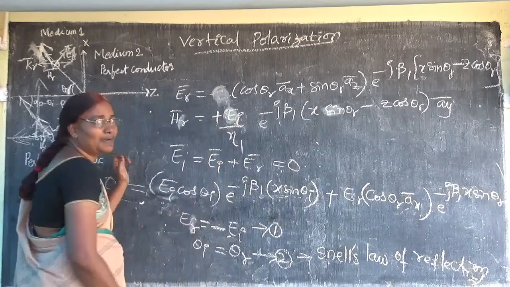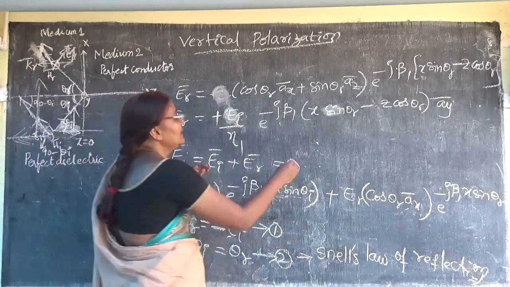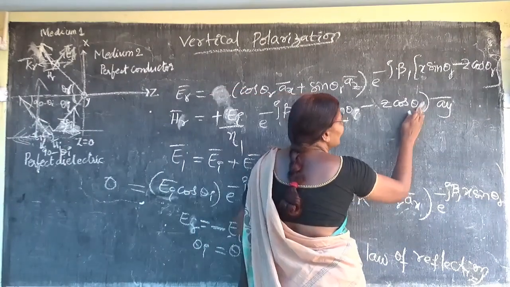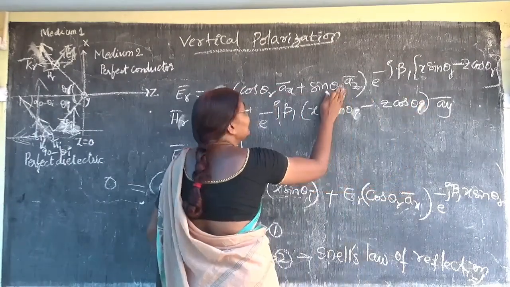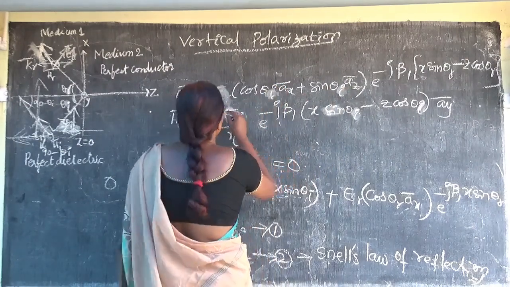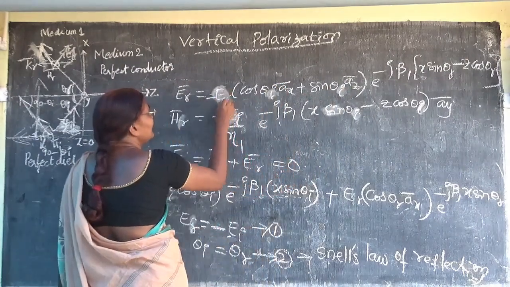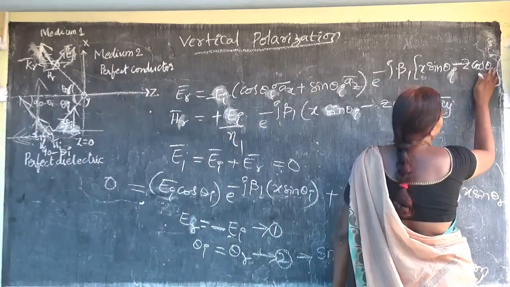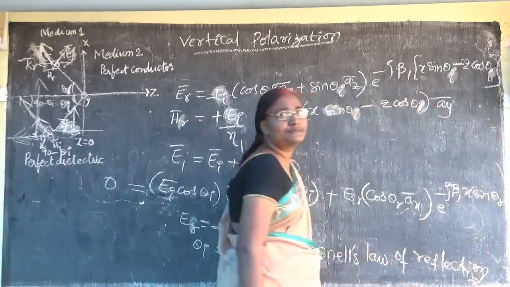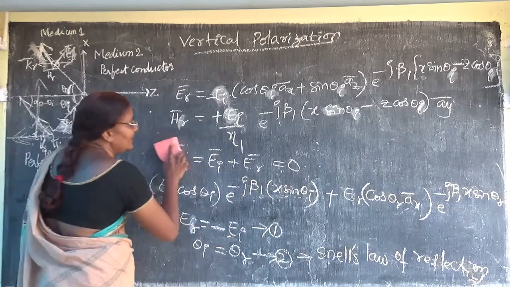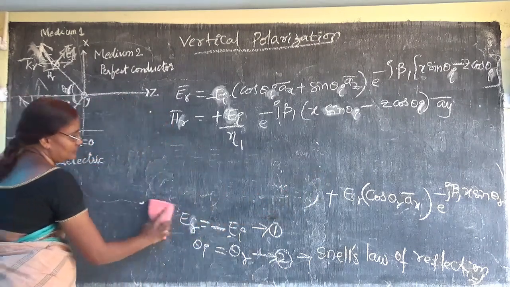So it will become plus, and here theta r will become theta I, and cos theta r will be cos theta I, and here this will become I, this will become I, and this will become minus EI, and this will become I, and this also will become I. Right? So this is my solution.